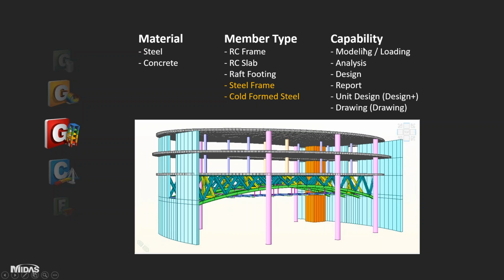Using MIDAS Gen, we can start from modeling, loading, analysis, design, report, unit design using Design Plus, and drawing. As you see in this example structure, there are various member types, including a steel truss part in the middle.